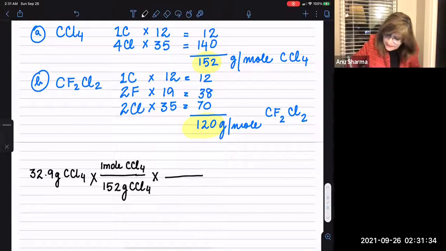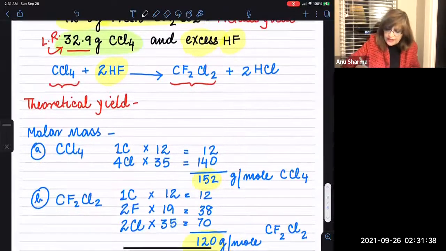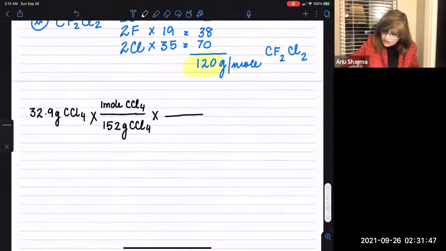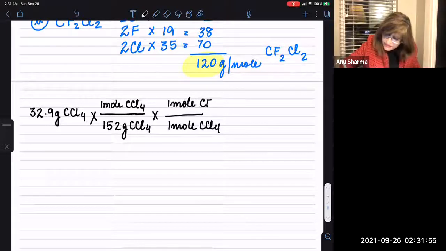Next is the mole to mole ratio. We see it's 1 to 1: 1 mole of CCl4 and 1 mole of freon, CF2Cl2.